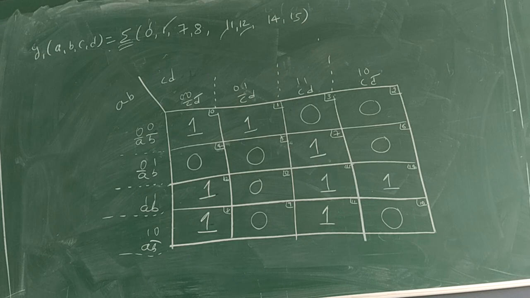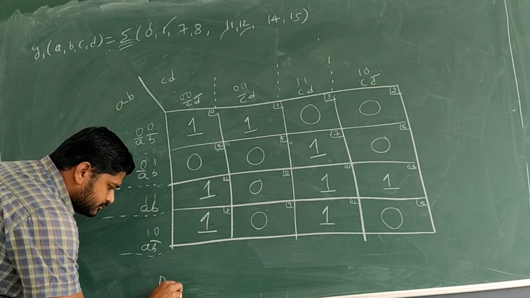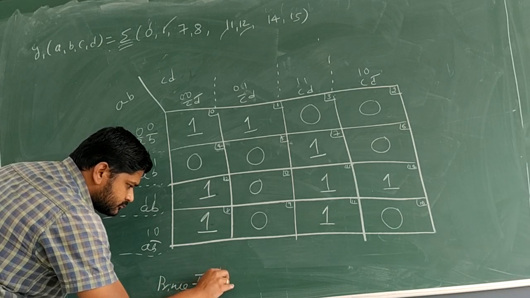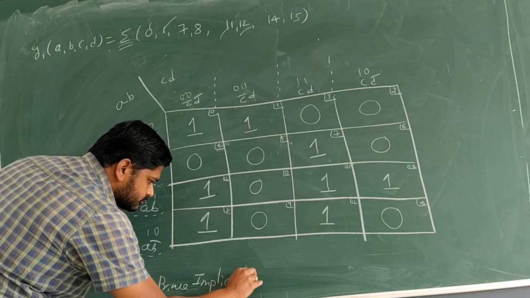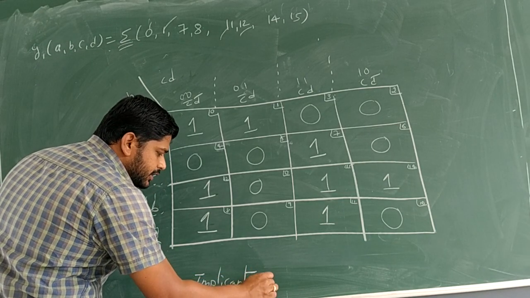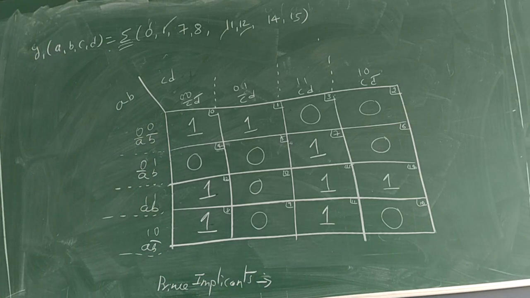So the covers. Here we will write prime implicants. The cover method is called prime implicants, or simplified formula.